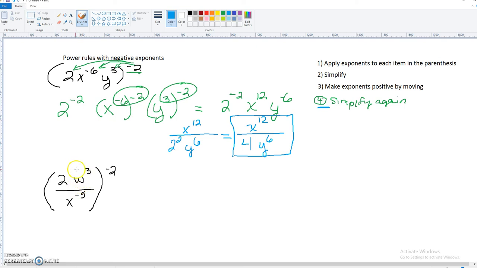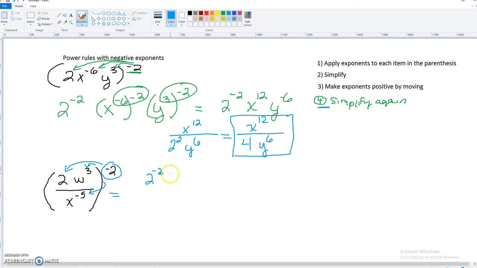Because this is getting us ready for the next topic, where we're combining all of the rules at once. So now, again, we've got this negative exponent on the outside, so this is where we're going to distribute or apply it to each item. And I like to rewrite it so I don't forget anything.